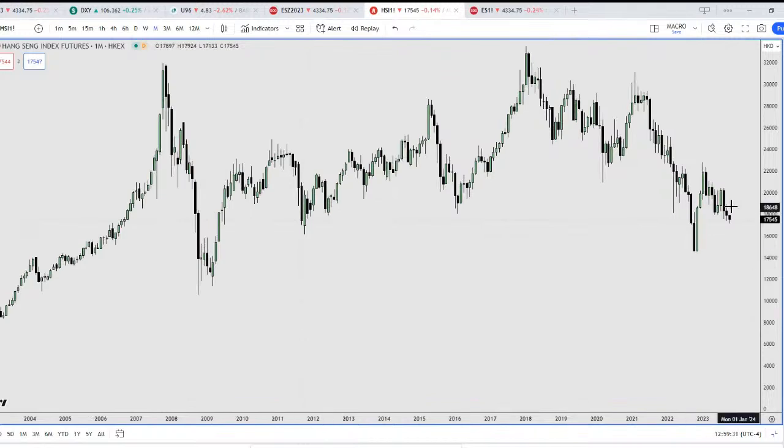Okay, so of course I have been bearish for quite a while in HSI. You can just look through my weekly forecast. You can see that I have been bearish for quite a while.